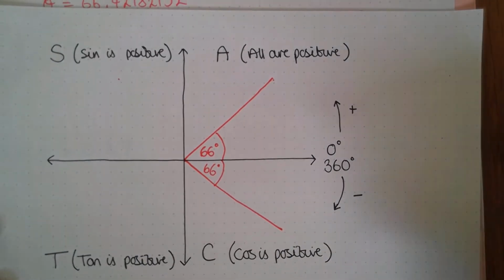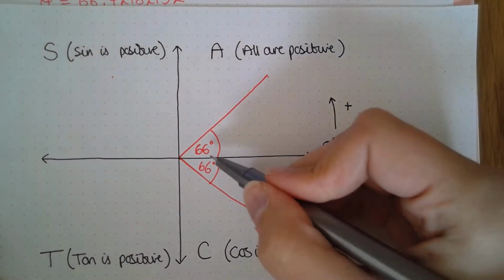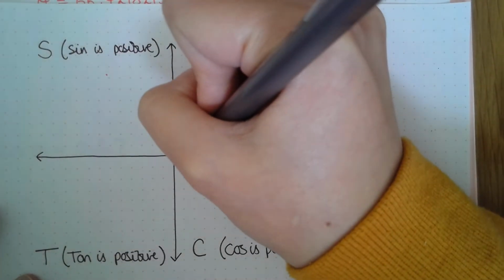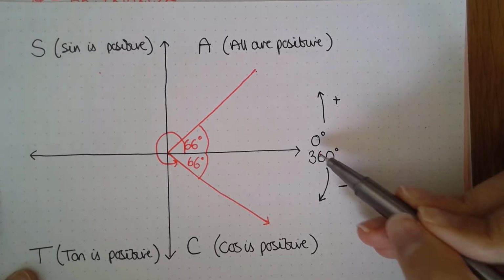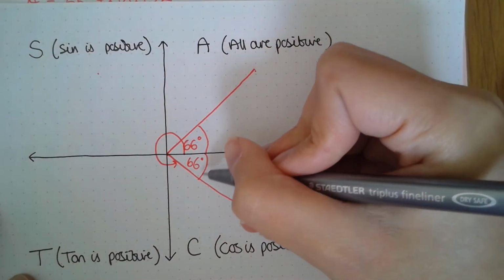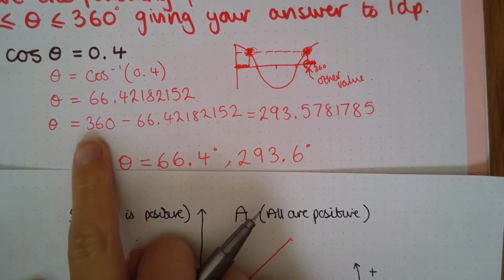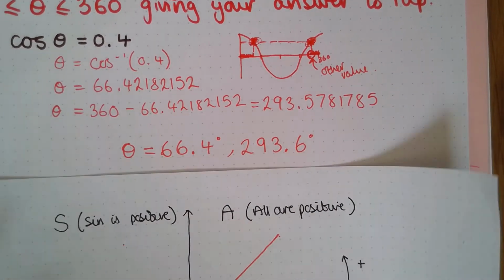You could go all the way around, but we can work out this value by doing 360 take away the 66, which is exactly what we've done up here. 360 take away our 66 value.